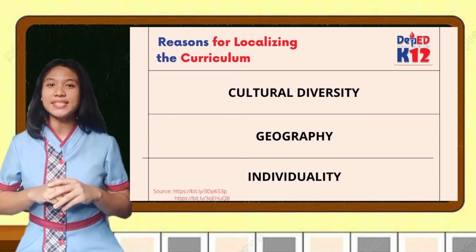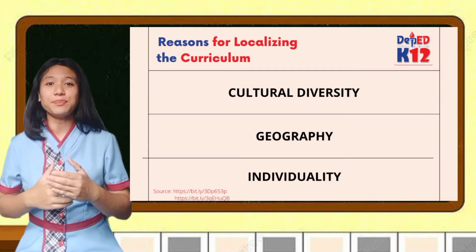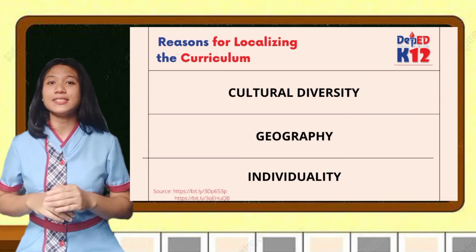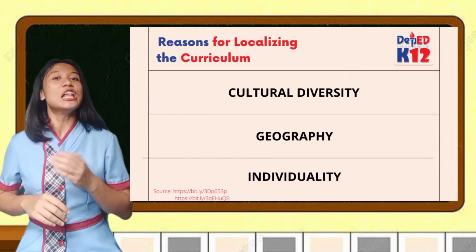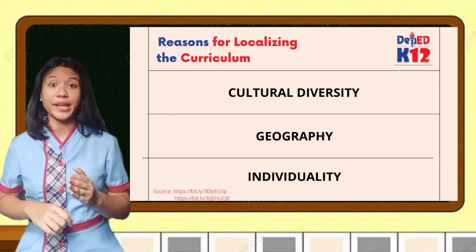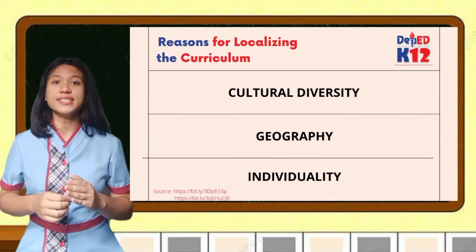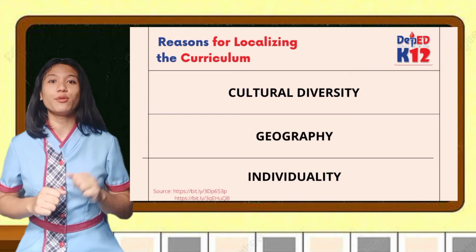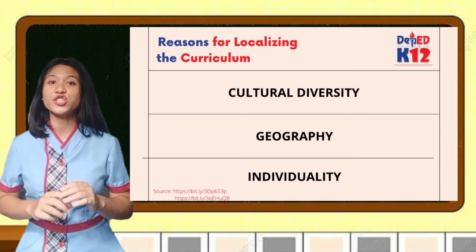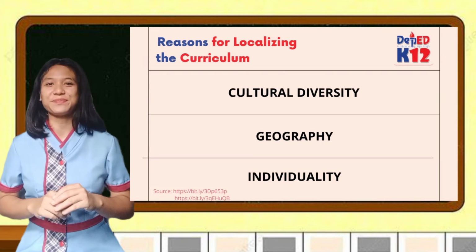And the last reason is individuality. This aspect is almost the same as cultural diversity. Learners are unique. They have different tastes in learning. Thus, there are individualized instructions addressed to each learner, providing customized instructional materials to meet their unique learning needs.